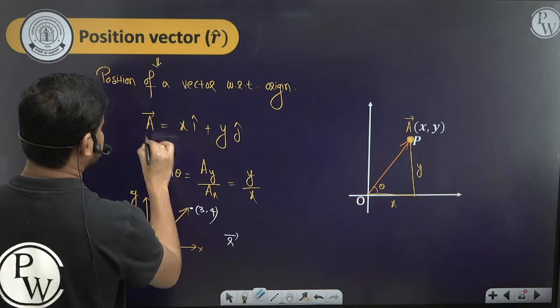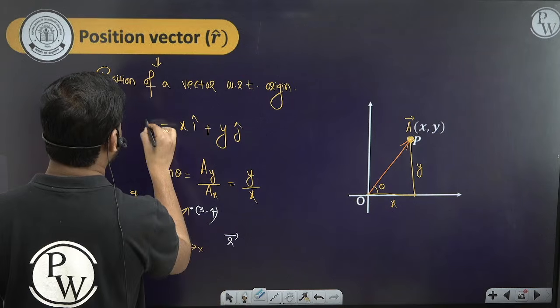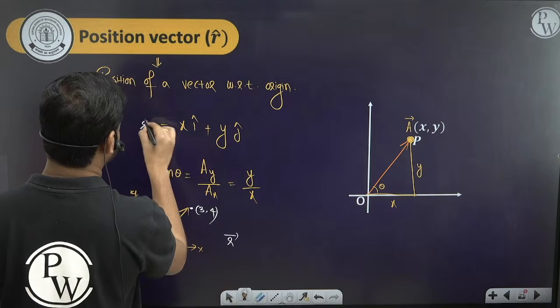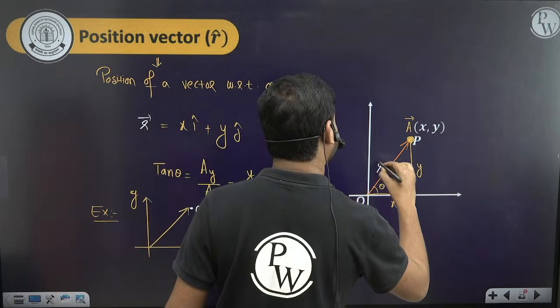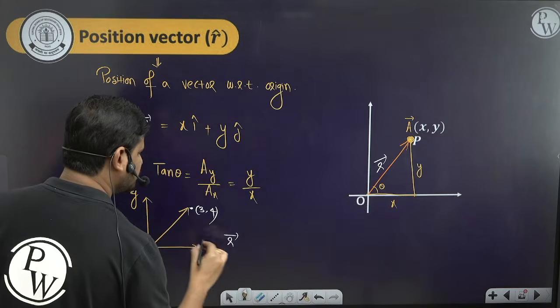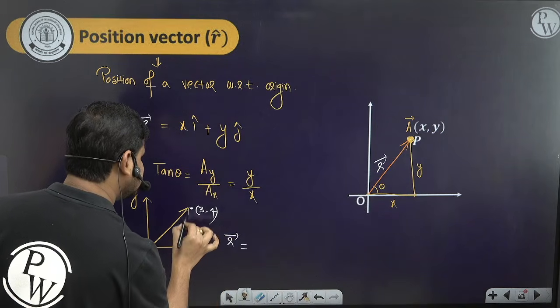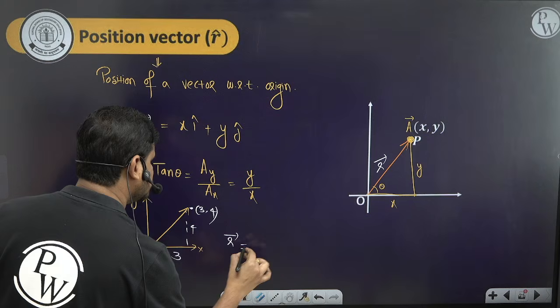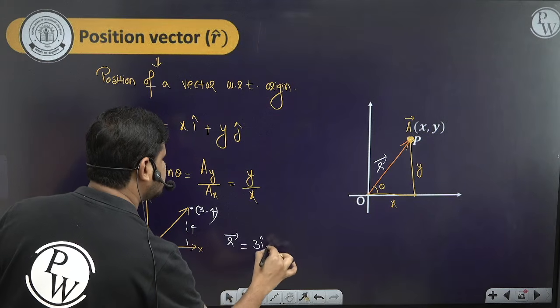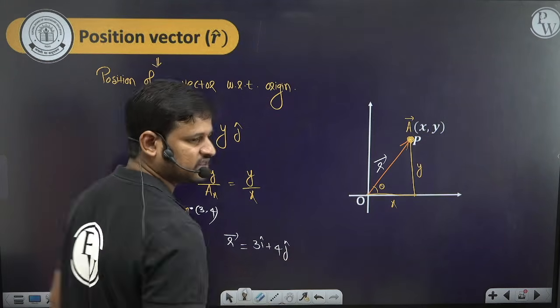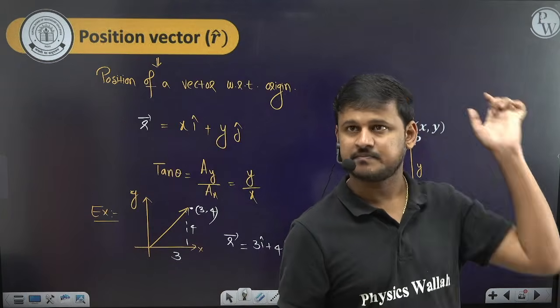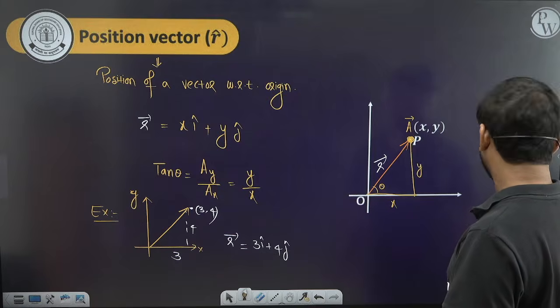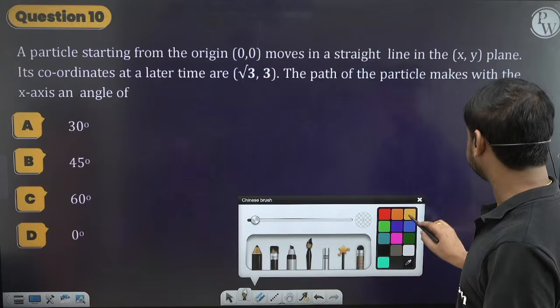So the position vector r from O to P is equal to, in the x it is at a distance 3, in the y it is at a distance 4. That's why 3 i cap plus 4 j cap. That's it. Clear? Sure. So let's take one question.